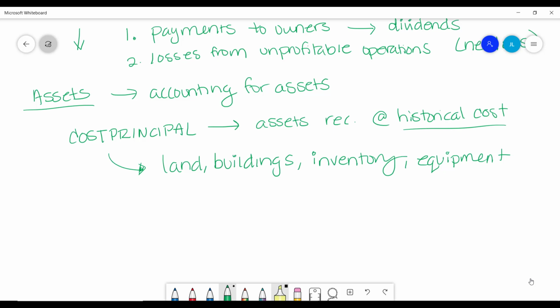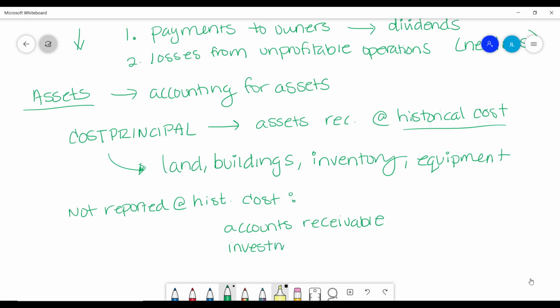Some assets that are not reported at historical cost, some examples of those assets would be accounts receivable and investments, as an example.